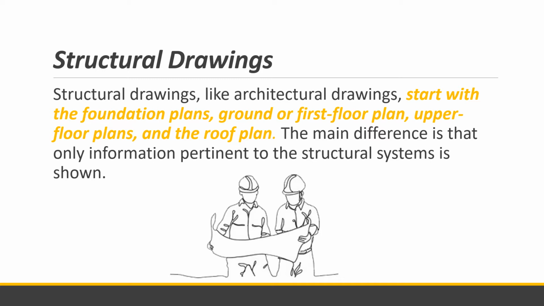So, the main difference is that only information pertinent to the structural system is shown. So as to kung paano i-construct, like yung ilan yung gagamitin na rebars. So rebars ay yung mga kabilya or yung mga deformed bars, yung mga steel na ginagamit, and then yung mga ties niya.